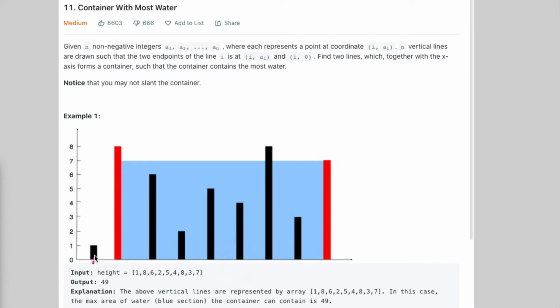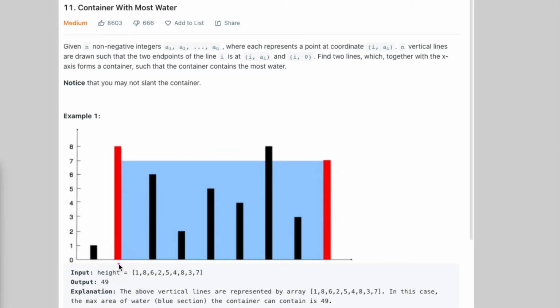And vertical lines are drawn such that the two endpoints of the line i are at a of i and i, 0. Find two lines which together with the x-axis form a container, such that the container contains the most water.